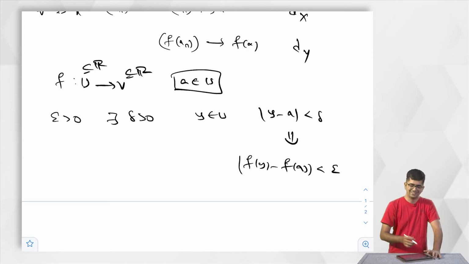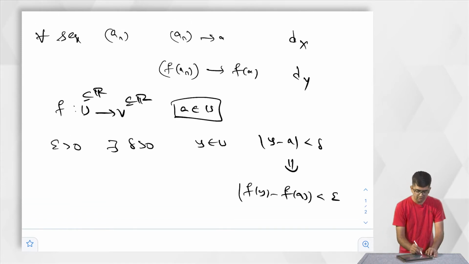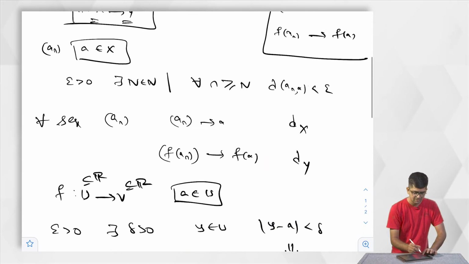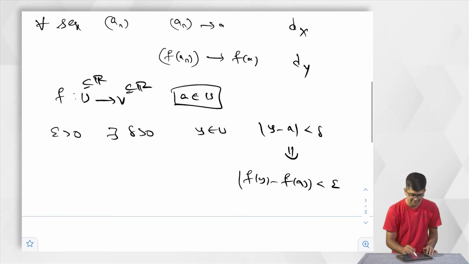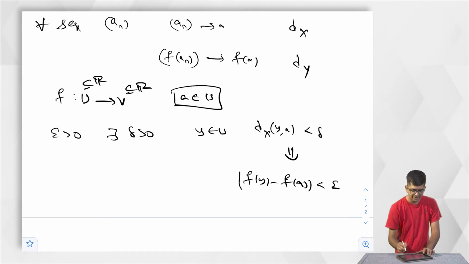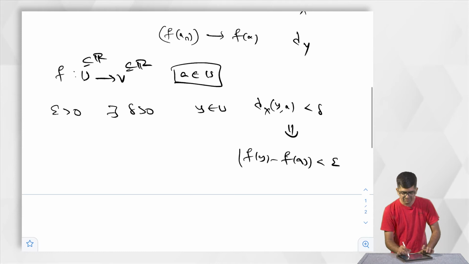Now I think some of you are already guessing what I am going to write down in case of metric spaces. We do not have to change anything. Here, if you are planning to write y and A as elements of the space X, then modulus of y minus A does not make sense. We should replace that with dX of y comma A. Y and A are elements of X, so dX of this makes sense, and this is a real number, so this being less than delta makes sense.